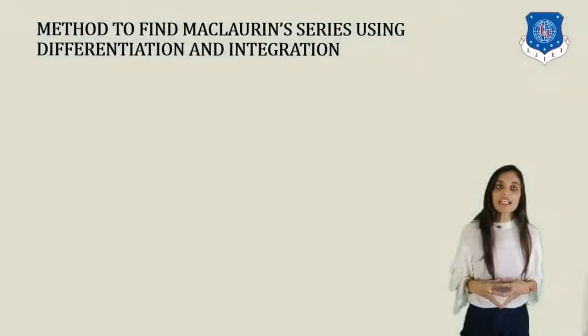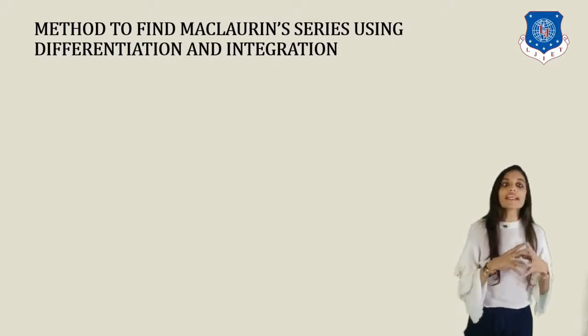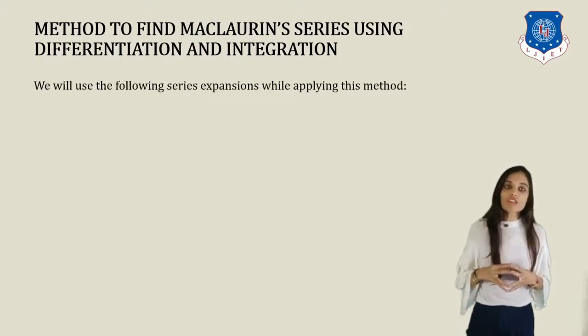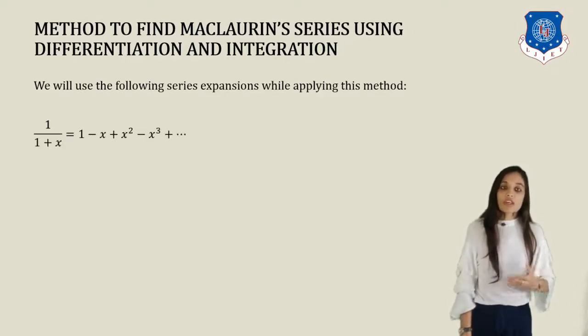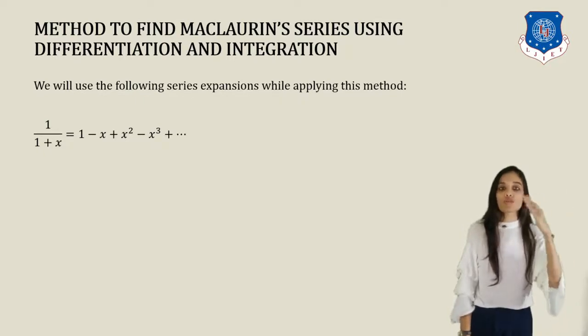Firstly let us study the method to find the Maclaurin series using differentiation and integration. In order to study this method, you must know the following series expansions. The first is 1 upon 1 plus x, which is given by 1 minus x plus x square minus x cube plus and so on.